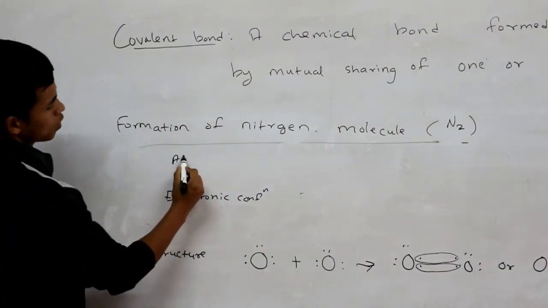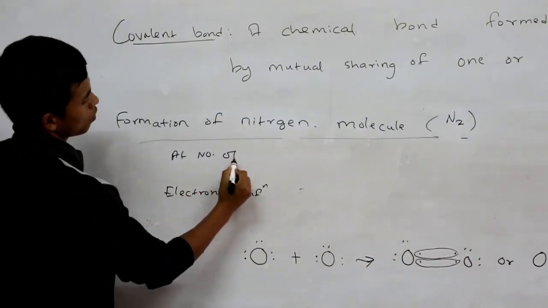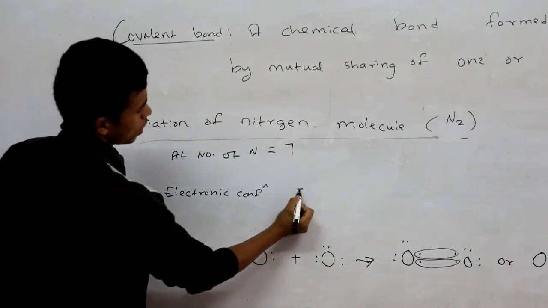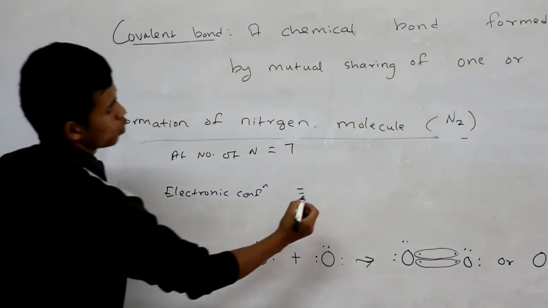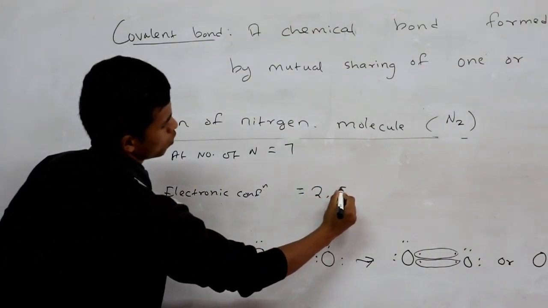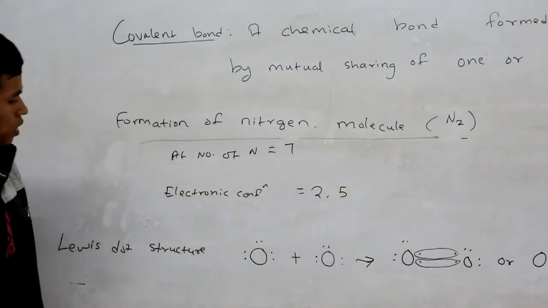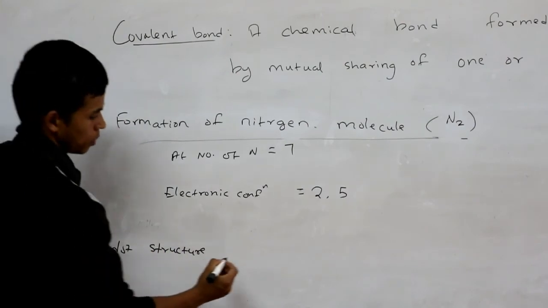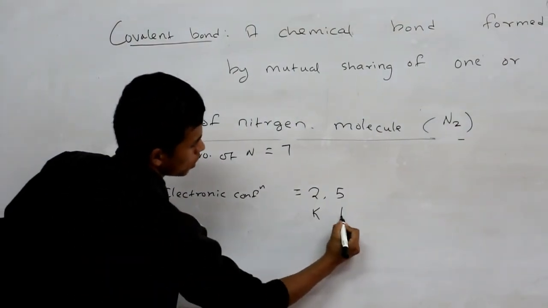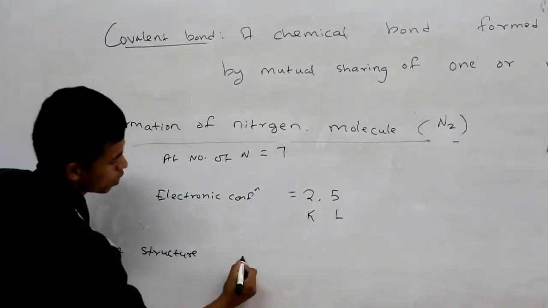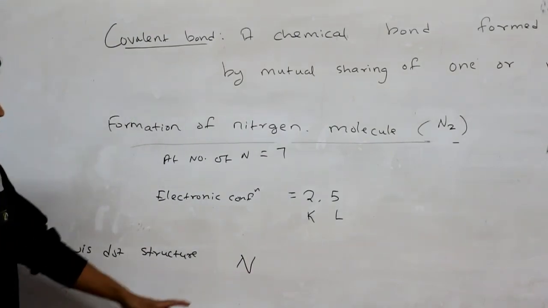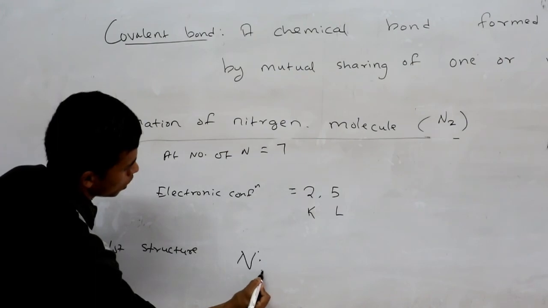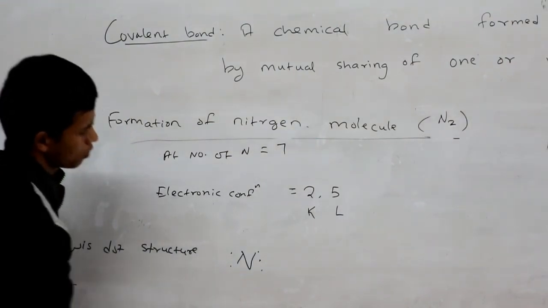We know that the atomic number of nitrogen is 7. So the electronic configuration would be 2, 5. And the Lewis dot structure in the case of nitrogen would be, so this would be in the K shell, this will be in the L shell. So nitrogen will have 1, 2, 3, 4, 5.